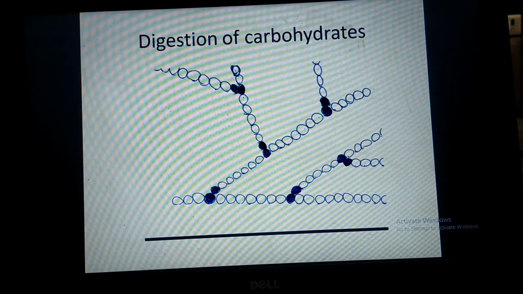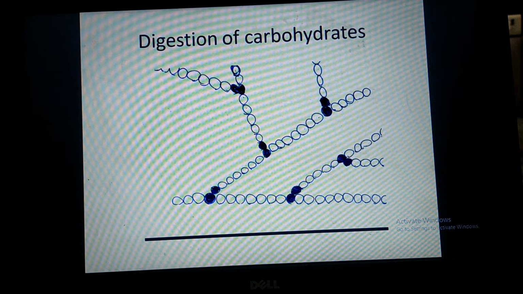This is the diagrammatic representation of structure of starch. In this figure, every circle indicates a glucose molecule. These glucose molecules are joined together by two types of linkages. One is alpha 1,4 glycosidic linkage and another is alpha 1,6 glycosidic linkage. When two glucose molecules are joined together by alpha 1,4 glycosidic linkage, they form straight chain structure.